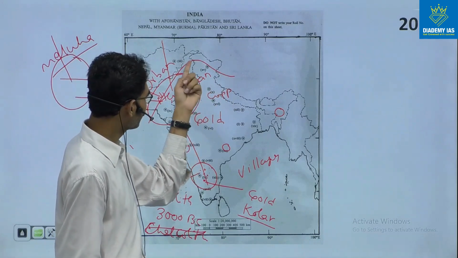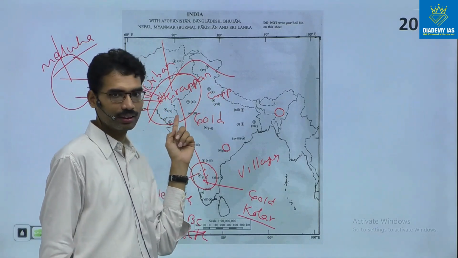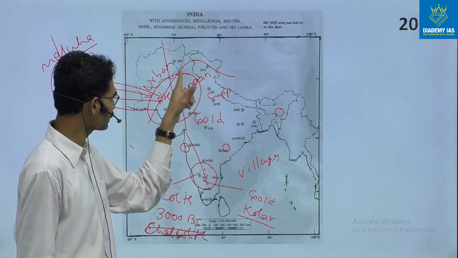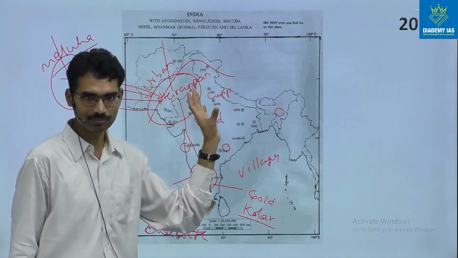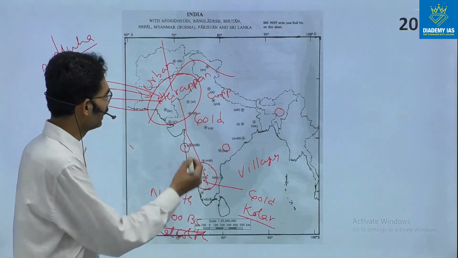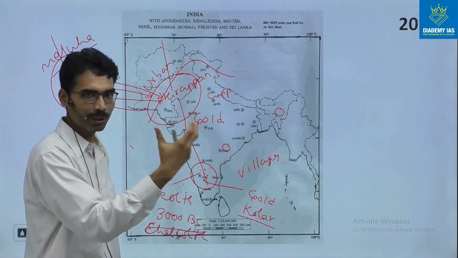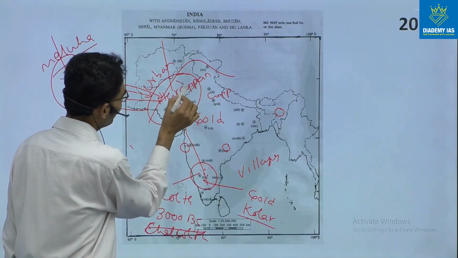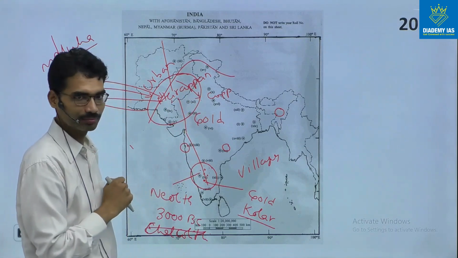Initially, when these settlements were discovered, archaeologists were having the belief that only just surrounding Indus River settlements were there. But later they discovered that similar kind of characteristics, same urban areas, same water management, same town planning, are identified even far beyond the Indus River.